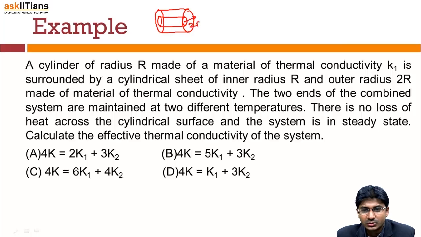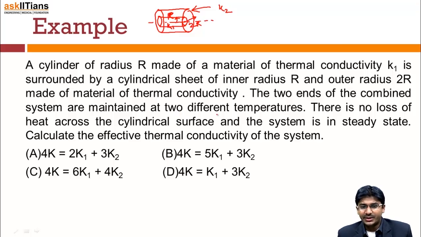This is 2R. And what is the inner radius? This is R. Now the first has a thermal conductivity K1, and this one has a thermal conductivity K2, right? These are the things that are given to you.